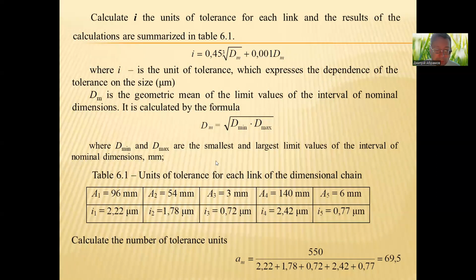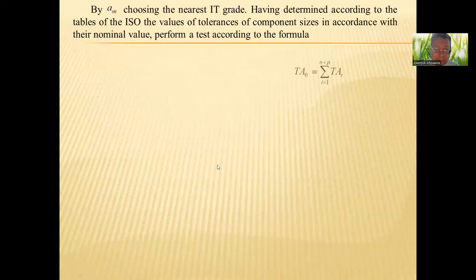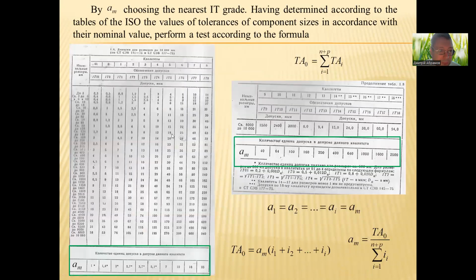For 54 millimeters, the interval is from 50 to 80 millimeters. So d minimum will be equal to 50 millimeters, d maximum will be equal to 80 millimeters.